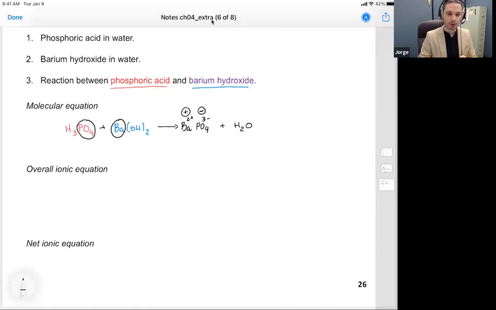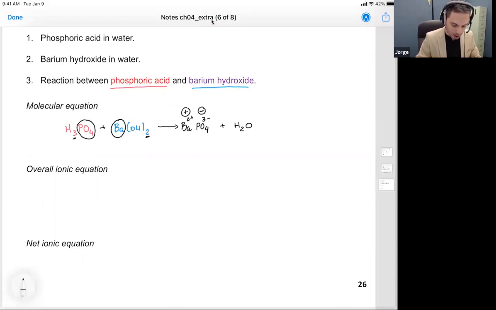So the trick here for the charge of the cation is to look at the number of hydroxyl ions, and for the charge of the anion, you look at the number of hydrogen atoms from the acid. And that's how we know the charges that we have.